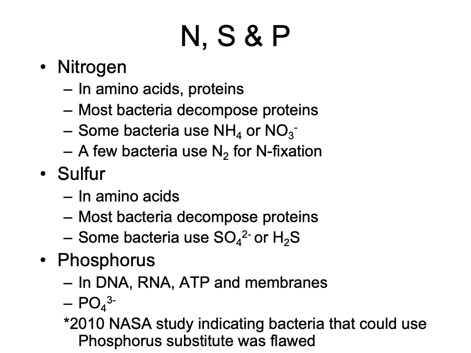The other one, phosphorus. Phosphorus is a key ingredient of the genetic material, DNA, RNA. It's also an important piece of ATP, which is kind of an energy currency molecule, and also the phospholipid membrane.